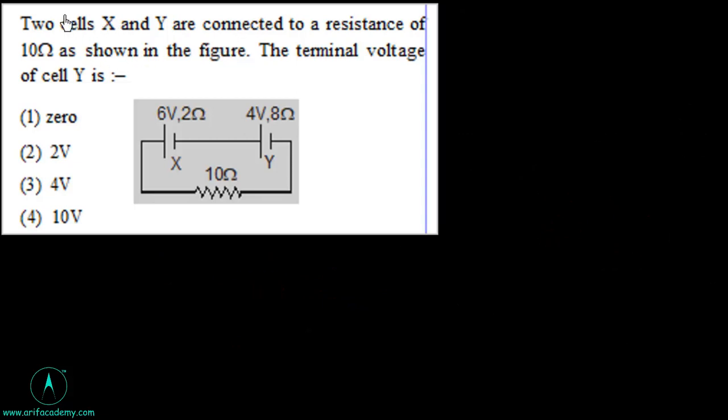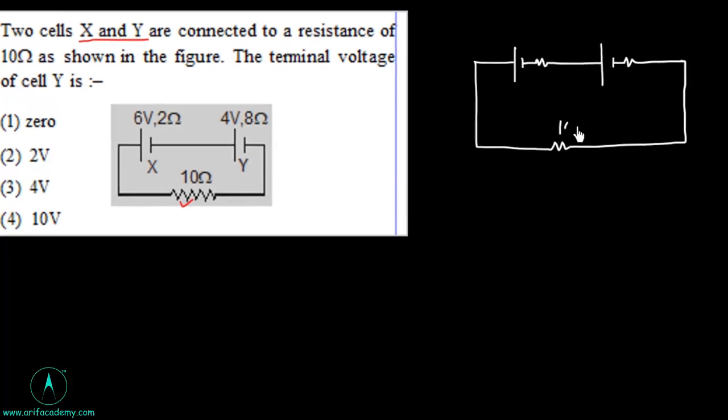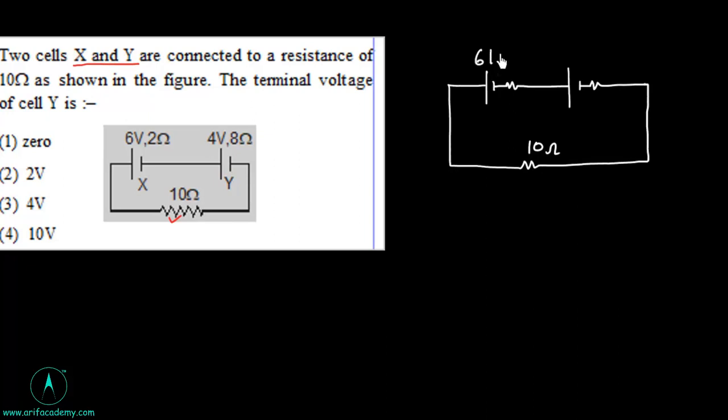We have two cells X and Y, connected to a resistor of 10 ohm. We need the terminal voltage across Y. So I redraw the two cells, and we have 10 ohm, and this is 6 volt, 2 ohm, 4 volt, 8 ohm.